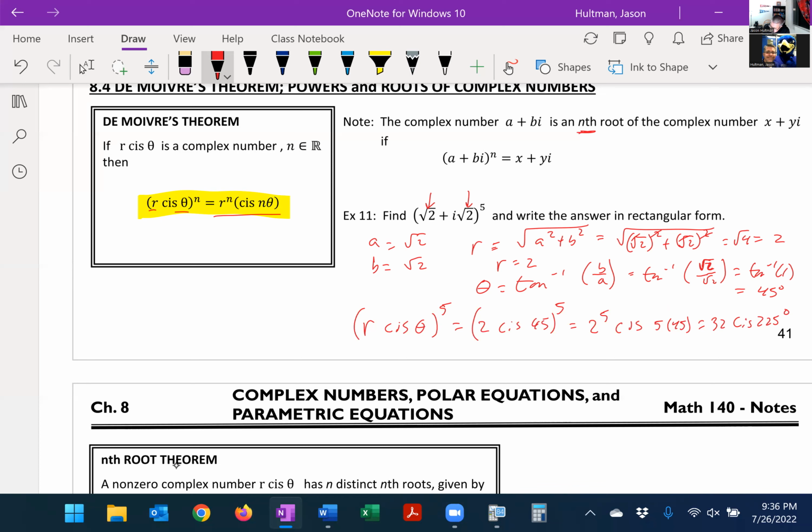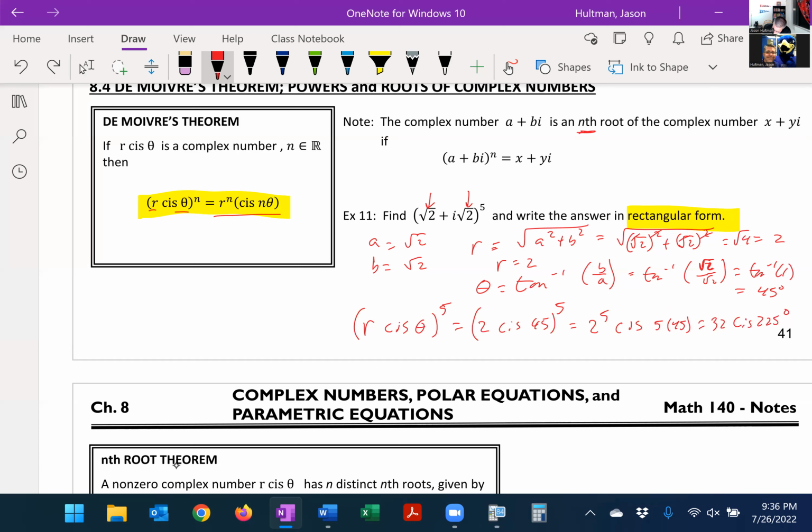Okay, and then what is that going to be in terms of going back to rectangular form? They want the answer in rectangular form. So this is in trigonometric form. Okay, I want to go back to rectangular form. Okay, so 32 cis 225 in rectangular form.